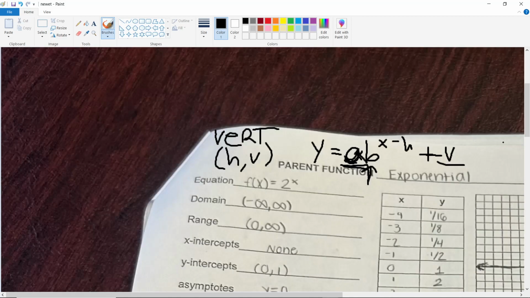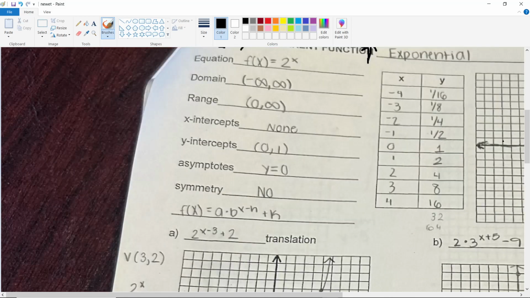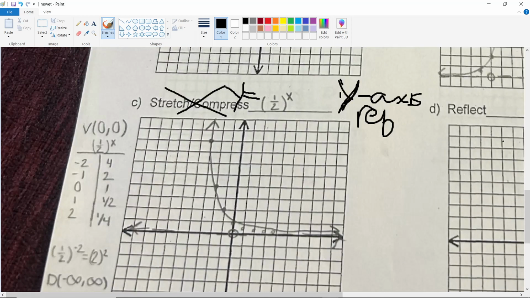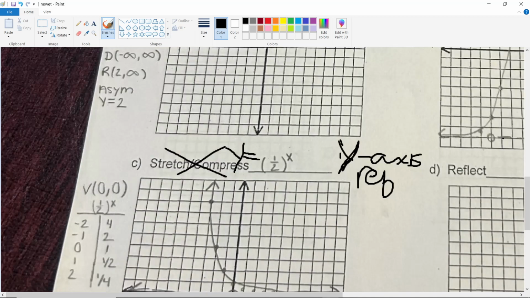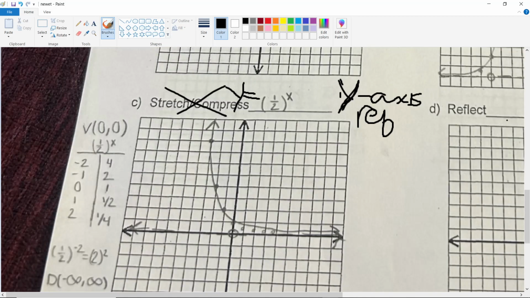If a is between 0 and 1, it's a vertical compression. And again, if it's negative, it flips the whole thing over the x-axis. It's an x-axis reflection. So if I put 2 times 1/2 to the x power, I make that my equation. That would be a vertical stretch of 2.